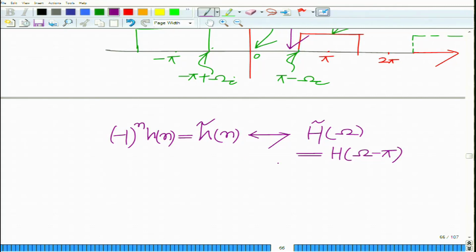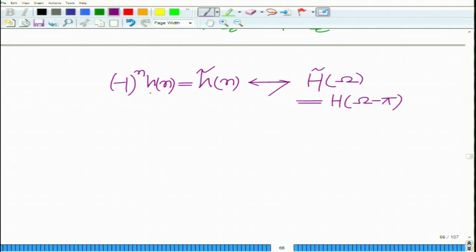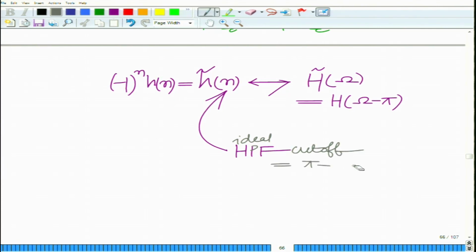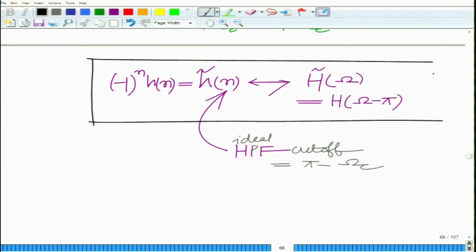Now h of n is a low pass filter and h tilde of n is an equivalent high pass filter, in fact an ideal high pass filter, ideal HPF, with cutoff equal to pi minus omega c. That is what we are able to show.